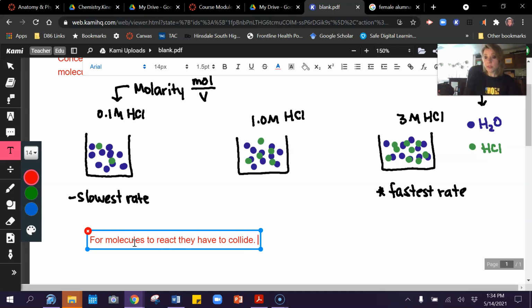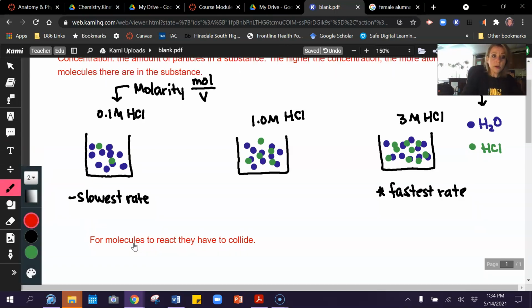And by putting the magnesium into the more crowded beaker, all the way over here, we have more molecules in here, there's more opportunity for collisions to occur between the acid molecules and the magnesium.